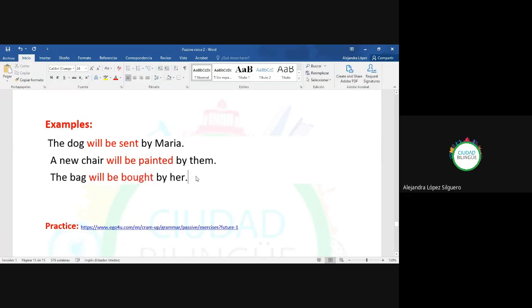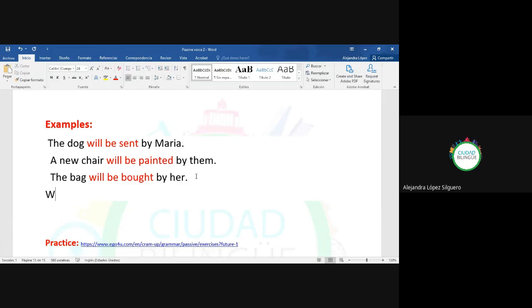Okay. I am going to write an active voice example, and you are going to tell me the passive voice, okay? So for example, if I say, my father will wash his car next week.